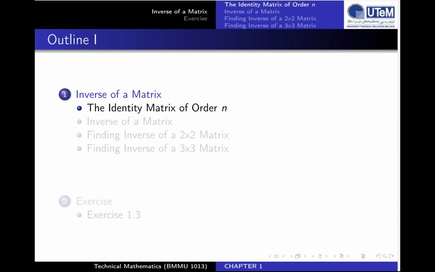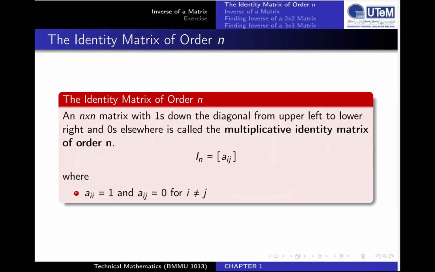So the identity matrix of order n. What is the identity matrix of order n? An n by n matrix with ones down the diagonal from upper left to lower right, and zeros elsewhere, is called the multiplicative identity matrix of order n.